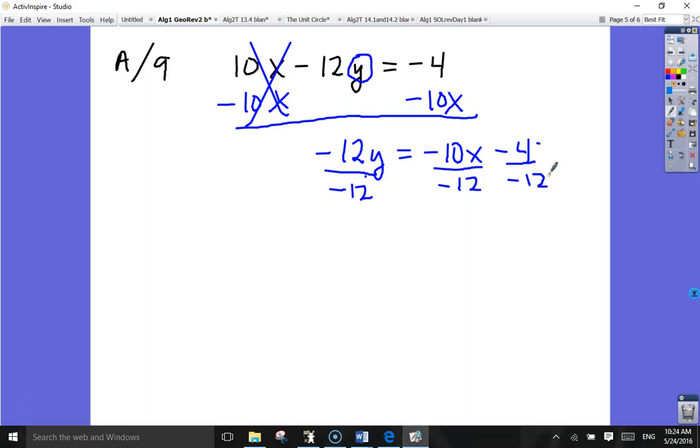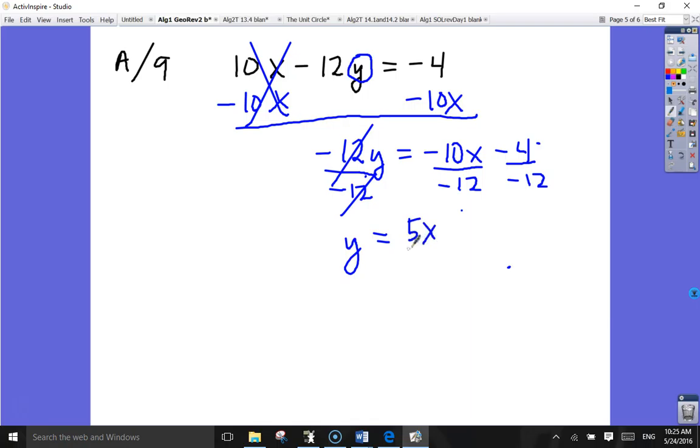Okay, now on the left, you just divided by the negative 12, so you cancel it. And on the right, what's negative 10 divided by negative 12? Yeah, the negatives cancel, right? So remember, when you divide a negative by a negative, you get a positive. And 10 over 12, there's a common factor there, 2. Right? 2 goes into 10 5 times.